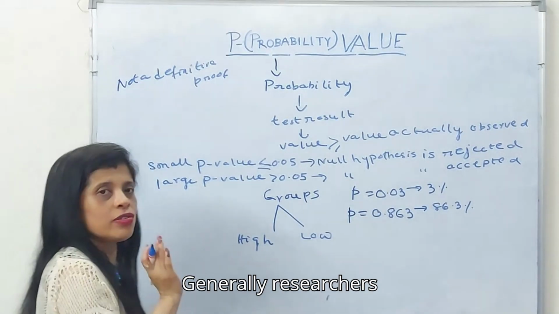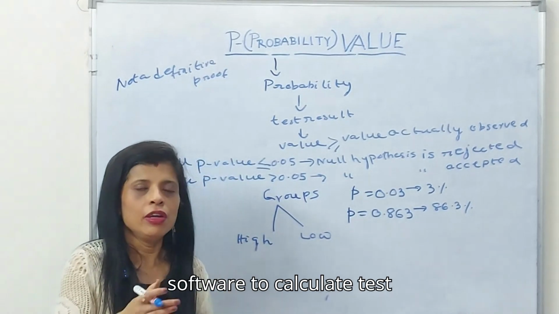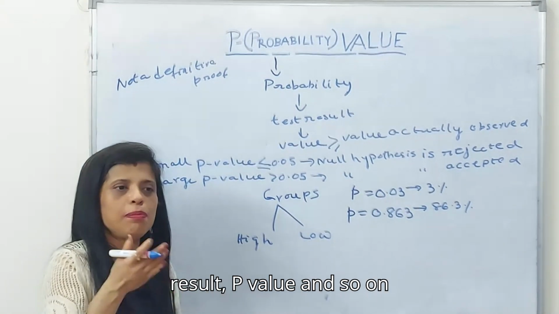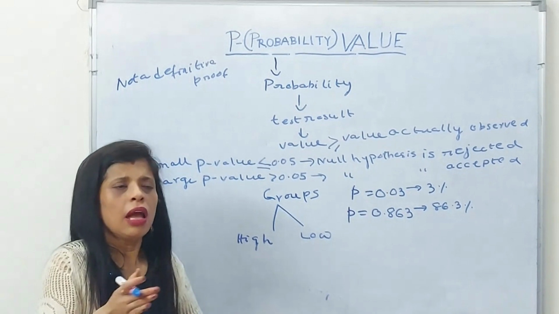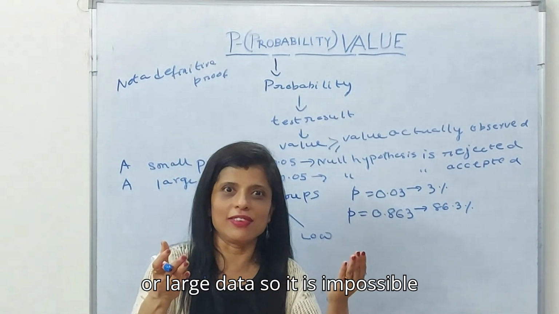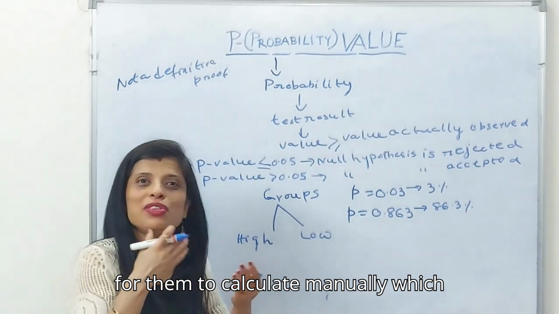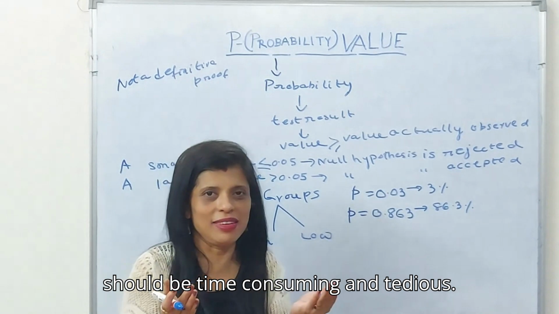Generally, researchers always use statistical software to calculate test results, p-value and so on, as they have colossal or large data. So it is impossible for them to calculate manually, which would be time consuming and tedious.